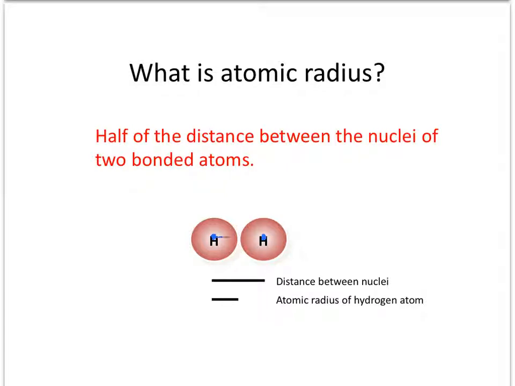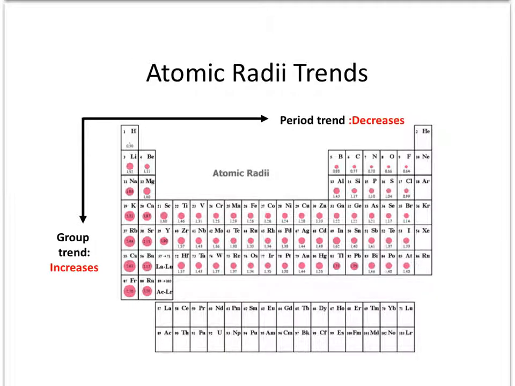So we're going to measure the distance from nuclei to nuclei, and then we'll cut that in half, and that will give us the radius of each atom. If you look at this table, you can see the actual values of atomic radius. The unit is usually picometers or nanometers.